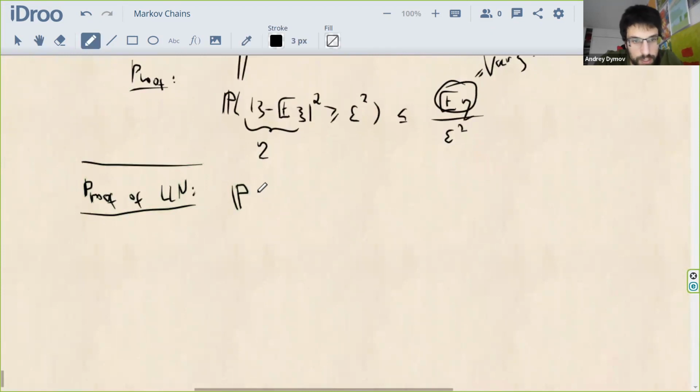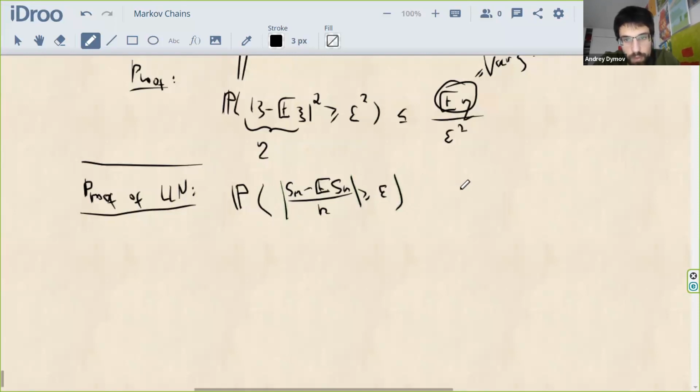So I should study the probability that this is more than or equal to epsilon, right? And I should prove that it converges to 0.